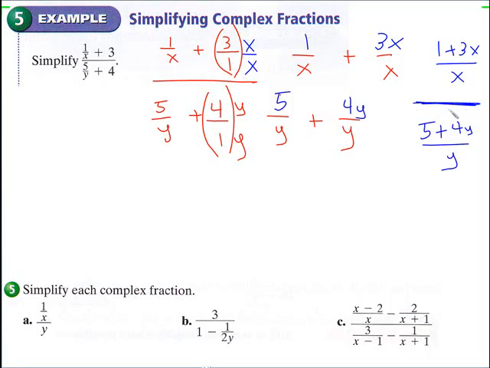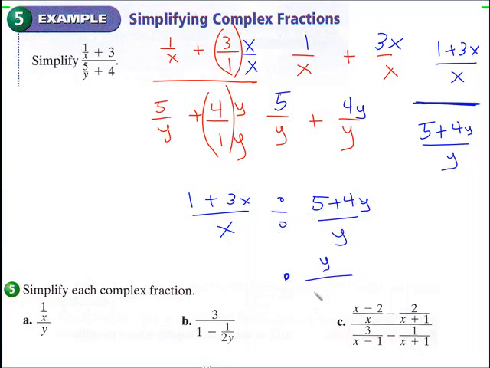Now when you're dividing, like we talked about before, it's the same thing as multiplying by the reciprocal. So when you're taking 1 plus 3x over x divided by 5 plus 4y over y, this is the same thing as multiplying by the reciprocal, so you flip this, y over 5 plus 4y.